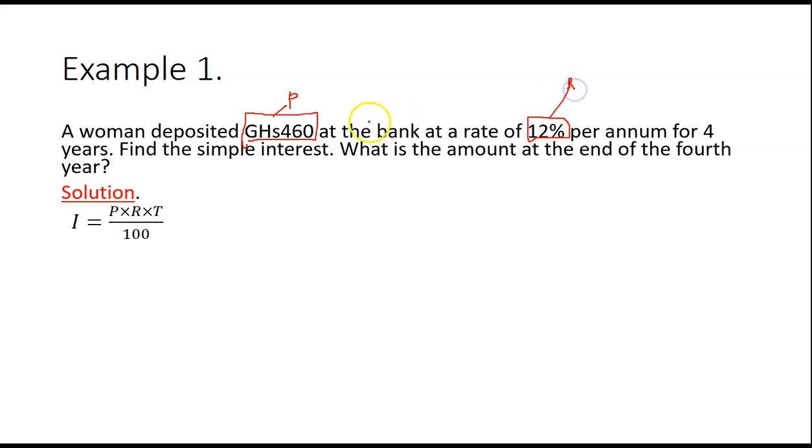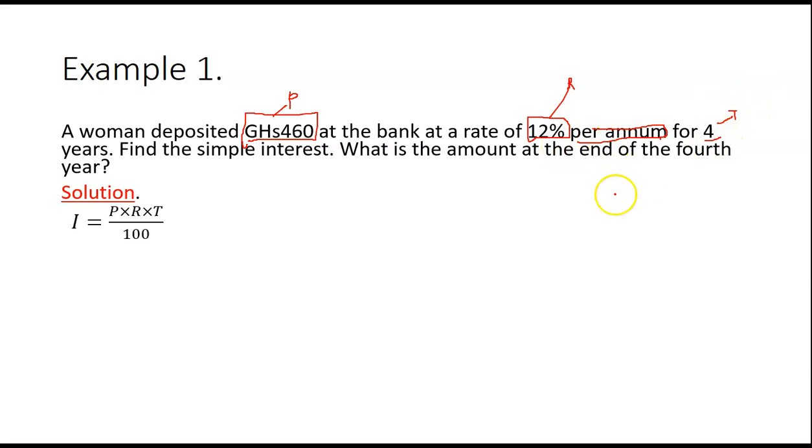Okay, so this question has given you principal, it has given you the rate, and it said per annum for 4 years, meaning that the time is 4 years. The 12% is per annum. Check it well. The 12% is per annum, per year. Okay, per year.